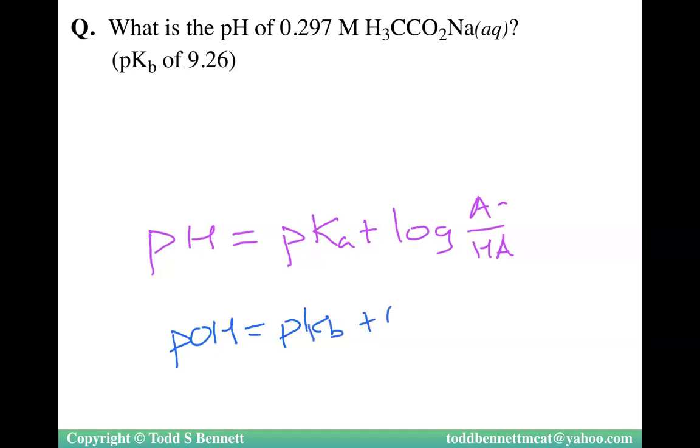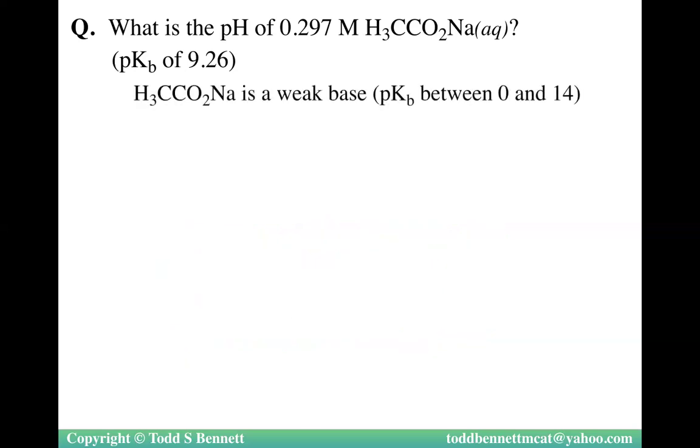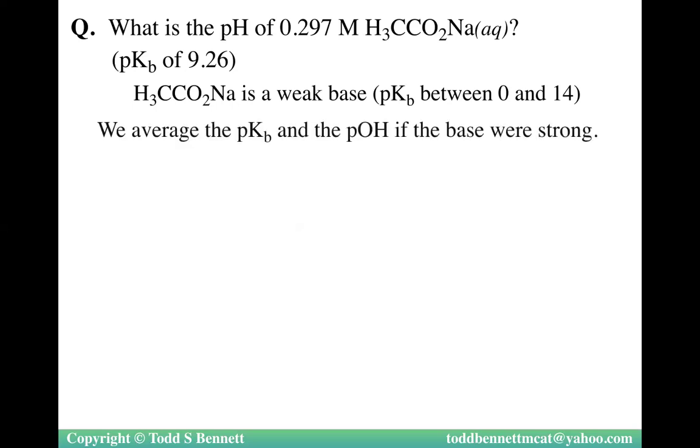Better. Plus log of HA or A minus. Acid form, base form. So what do we do with the Bennett equation to make it a base? We simply replace all the pKs with pKbs, all the pH with pOHs, and we're set.